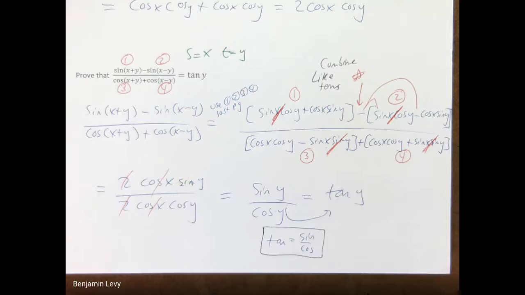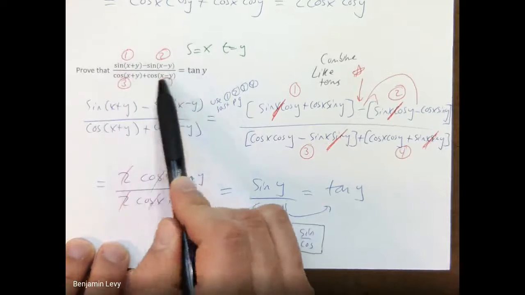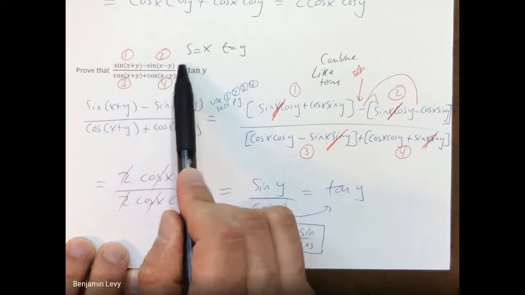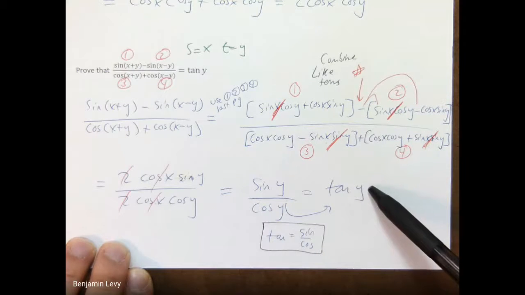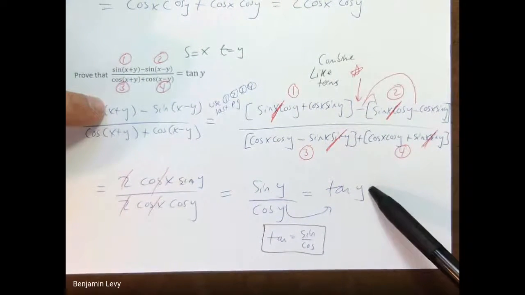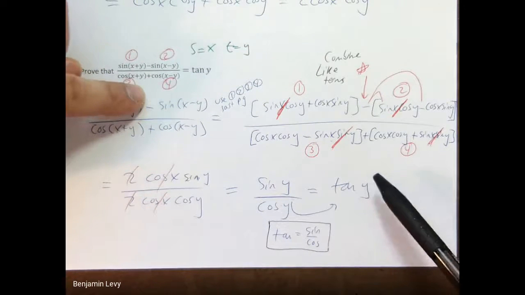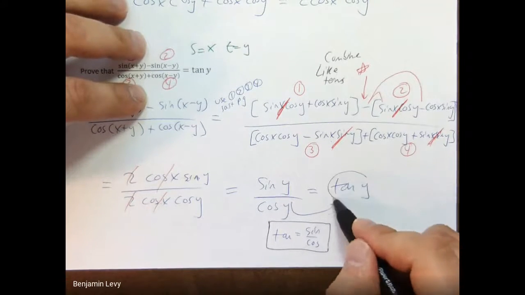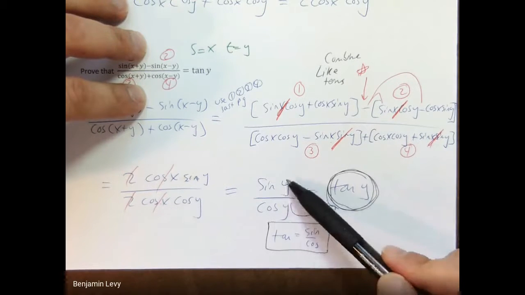And I'll just remind you the way things work. You know what the answer is, right? You're being given the answer in the problem. You're being told that this thing on the left will simplify down into tangent. So the last thing you want to write down is tangent, and you know this is the first thing. You're trying to connect the dots between the two of them. Keeping in mind that you want your answer to be tangent is helpful, because when you see something like this, you know that's tangent.